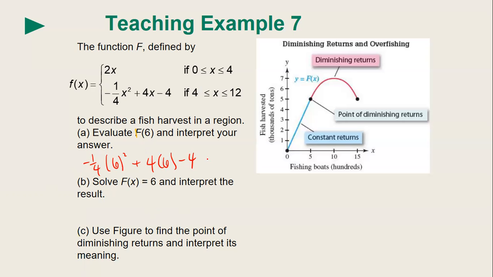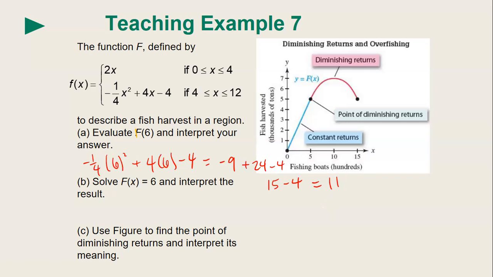Okay, 36 divided by 4 is going to give us 9, right? -9 plus 24 minus 4. -9 plus 24 is going to give us 15. 15 minus 4 is going to give us 11. So if there's only 600 boats that are harvesting, then there's going to be about 11,000 fish harvested.